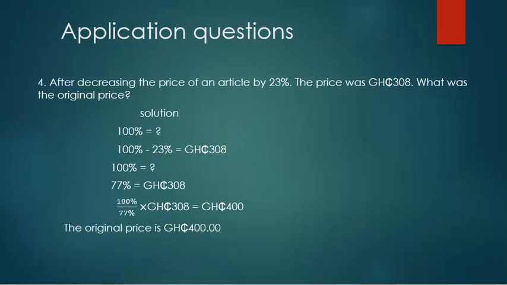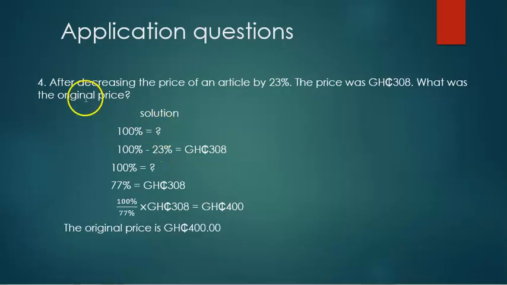Let's solve our last question, which happens to be an application question. Let's see. After decreasing the price of an article by 23%, the price was 308 Ghana cedis. What was the original price? So this is the percentage decrease. We decreased the price of the article by 23%.